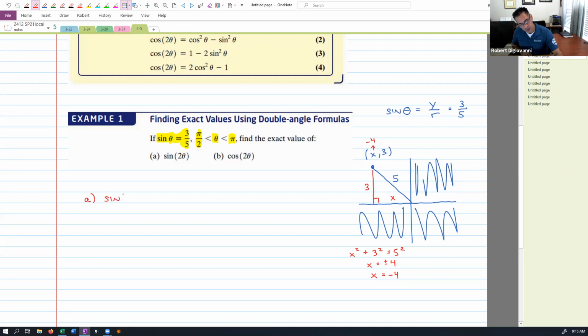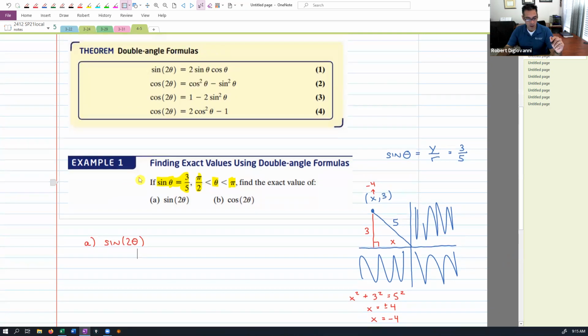Sine of 2 theta using the double angle formula is going to be 2 sine theta cosine theta. And I know those. Sine of theta was given to me as 3/5. And cosine of theta, by definition, is the x over r, the x coordinate divided by the radius.